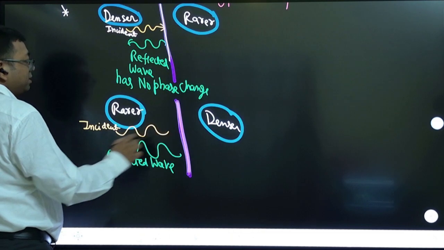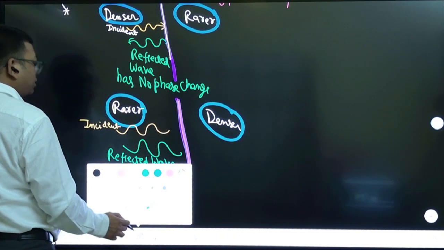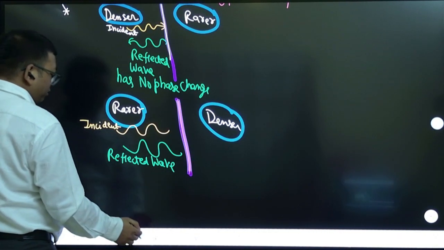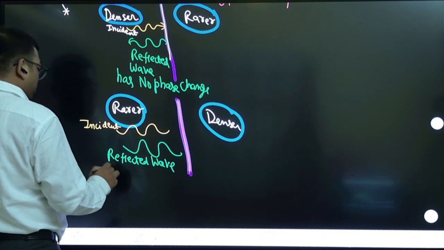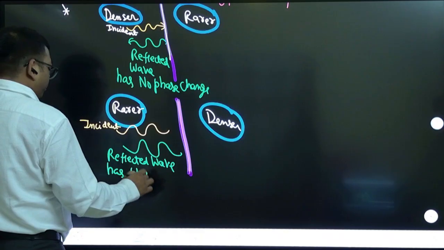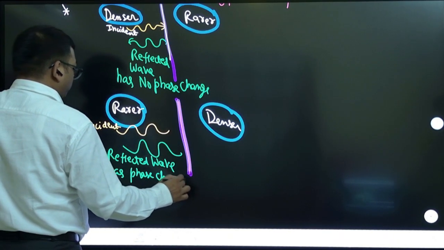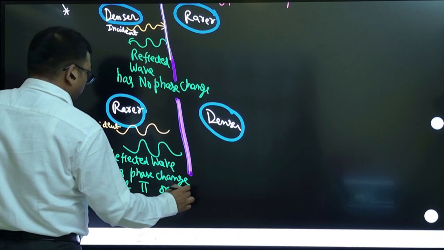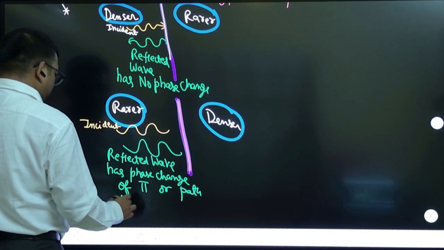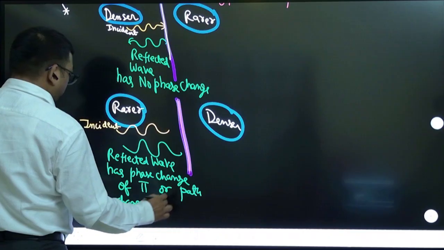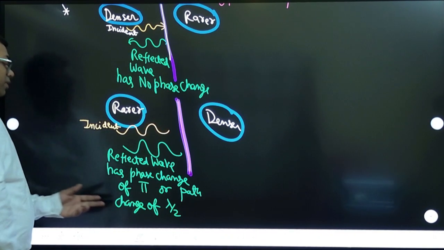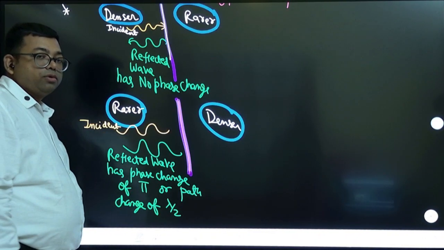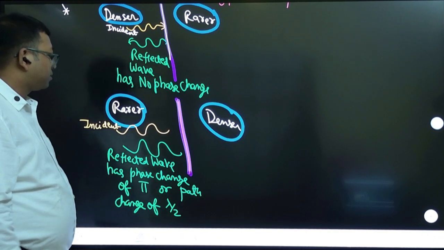If reflection happens at the denser medium, the reflected wave has a phase change of pi, or a path change of lambda by 2, because a phase difference of pi corresponds to a path difference of lambda by 2.